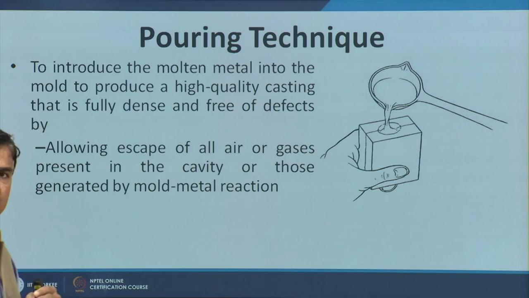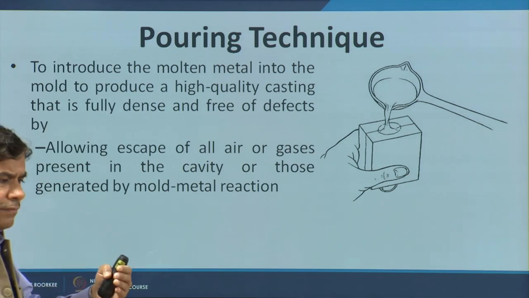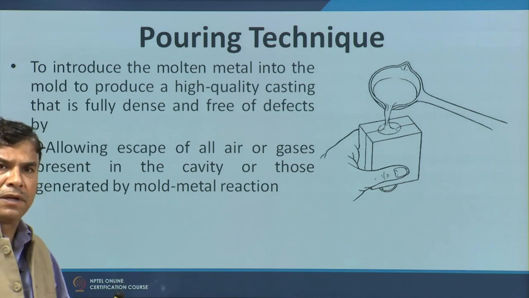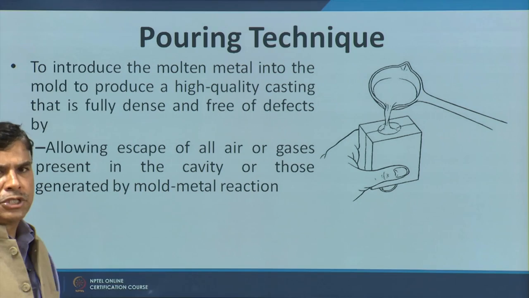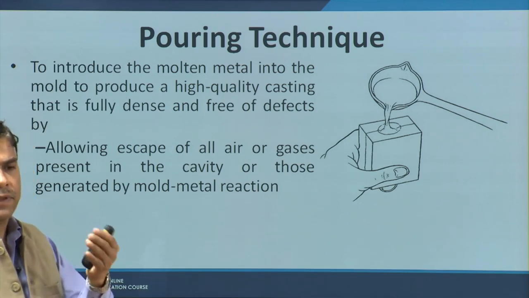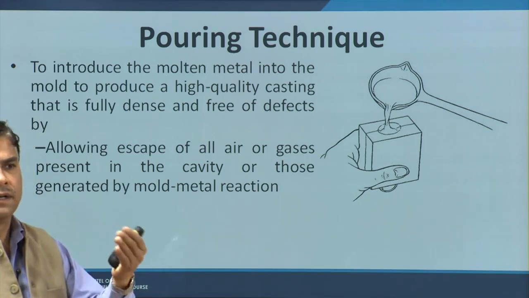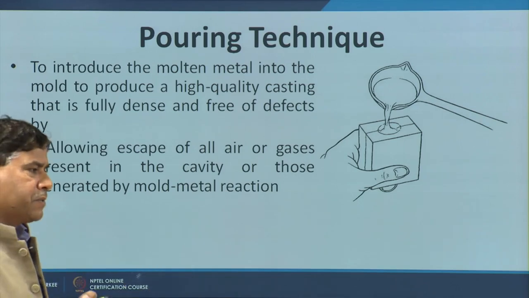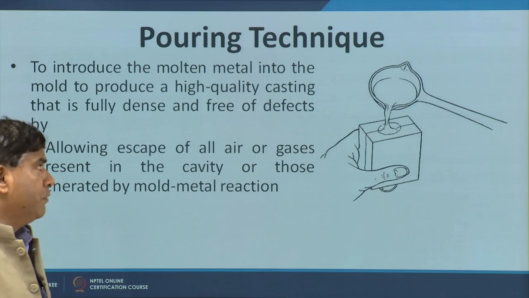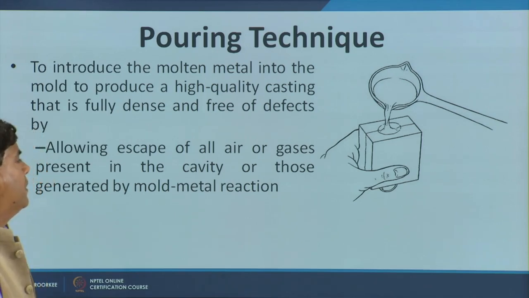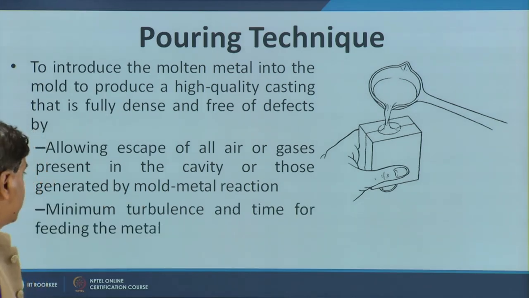We know that in the case of the sand mold, whenever hot molten metal is fed into the mold cavity, the evaporation of the moisture as well as the interaction between the molten metal and the mold surface leads to the evolution of gases, and these gases must be removed, otherwise these will lead to gaseous defects.